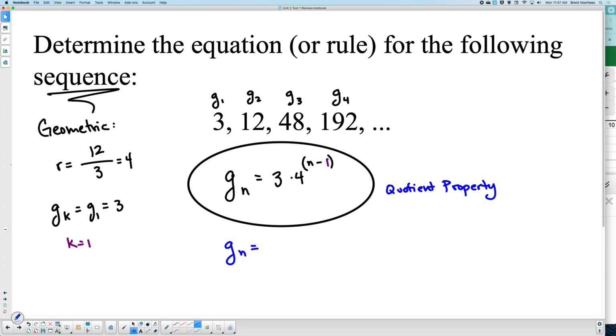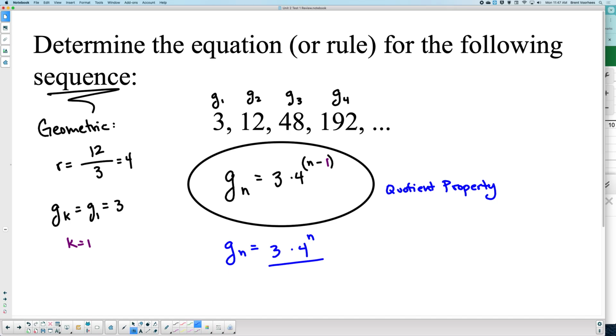Using the quotient property, what you could do is say that this is 3 divided by 4 to the first power times, whoops, forgot the 4, to the power of n. You could rewrite it this way. What is 4 to the first? Actually, I don't want anybody to get confused. I'm going to rewrite it one more time.